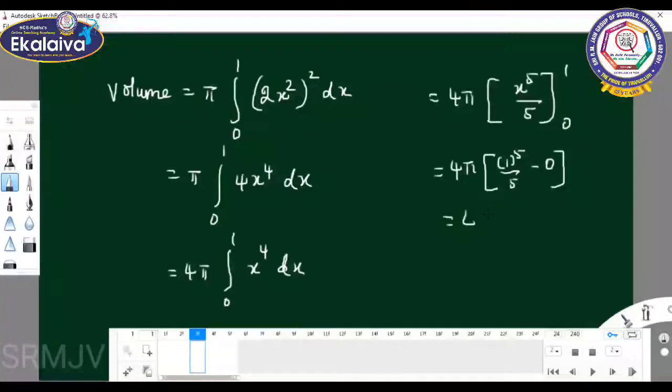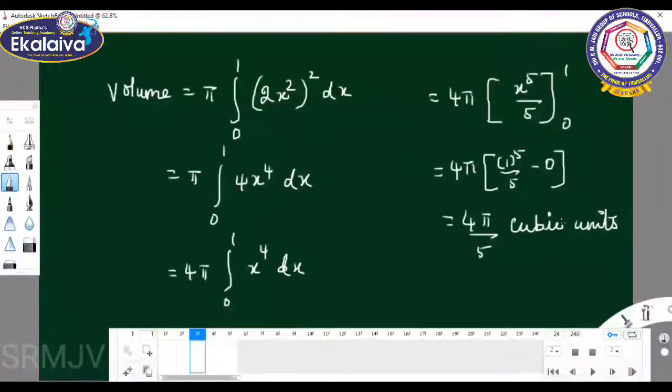So 4 pi by 5 cubic units. So the volume of the solid is 4 pi by 5 cubic units.